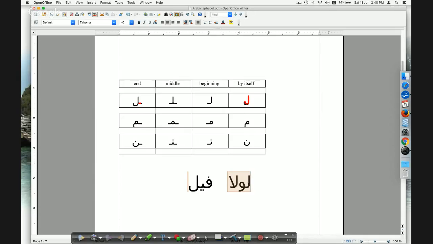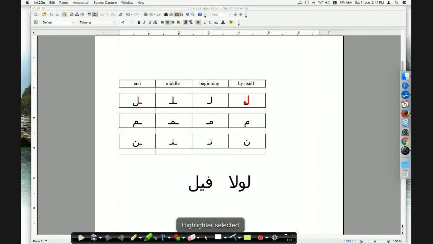All right. So lawla, the reason I chose this word is because we have two la here, two letter L, in the beginning and at the end. So lawla. Let me write it here, it's more comfortable for me.